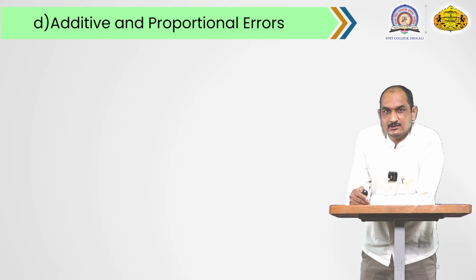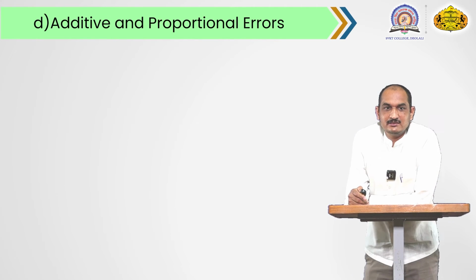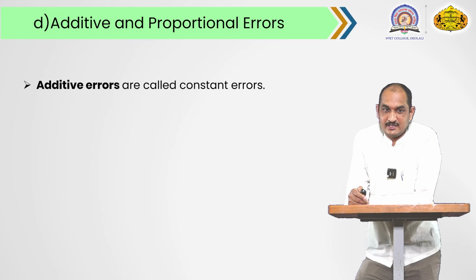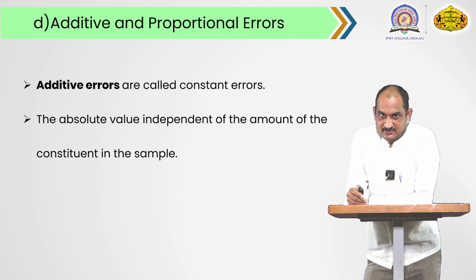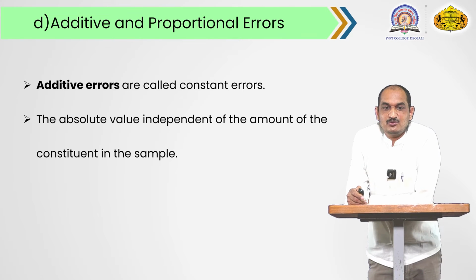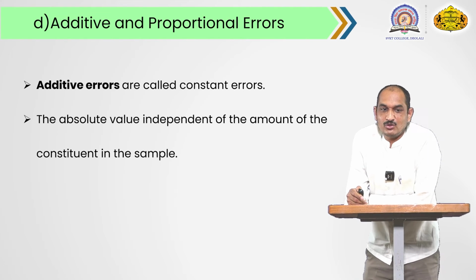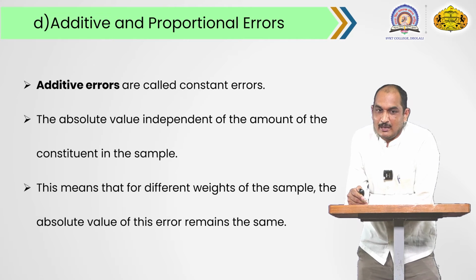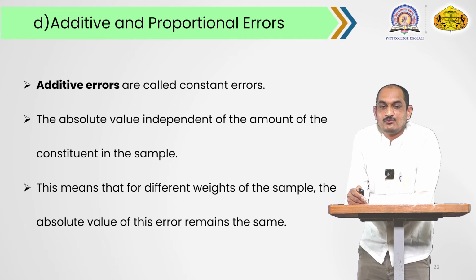The last type of determinate error is the additive and proportional errors. The additive errors are called constant errors, and the absolute value is independent of the amount of constituent in the sample. This means that for a different weight of the sample, the absolute value of error remains the same.